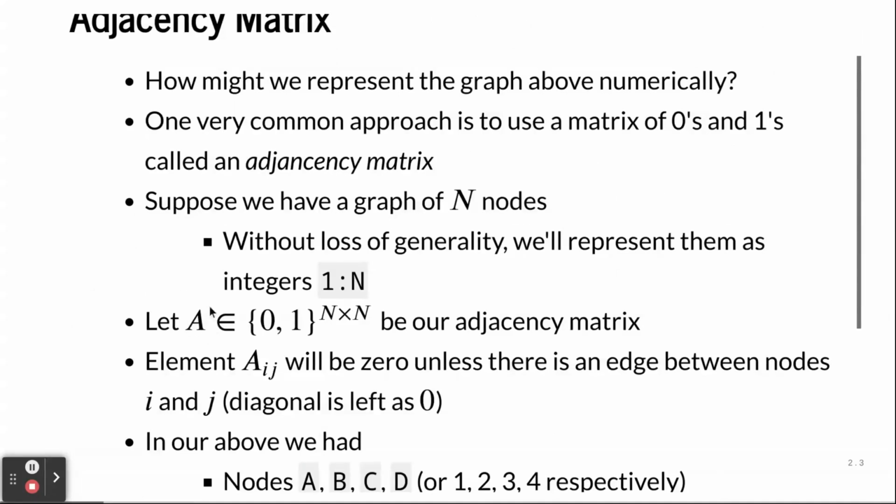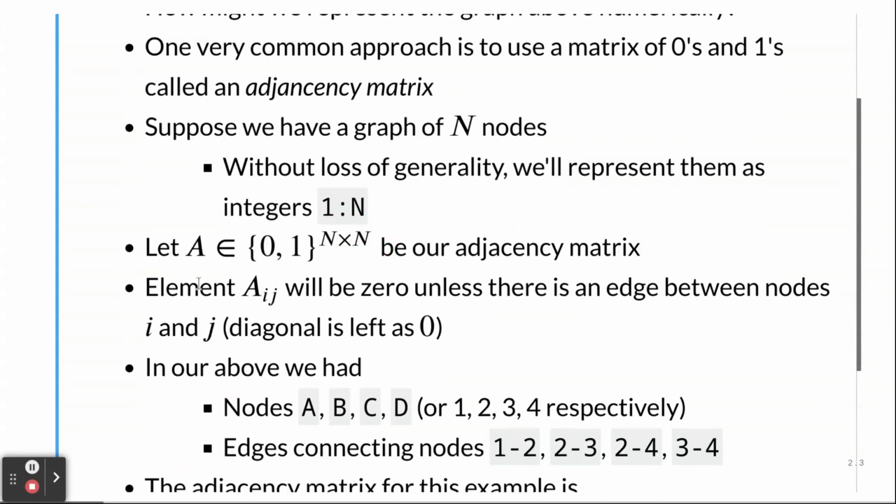Then we will have a matrix A where each element is drawn from the set {0, 1}, and the matrix will be N by N. Now, element ij, so this represents row i, column j, will be 0 unless there is an edge between node i and node j.